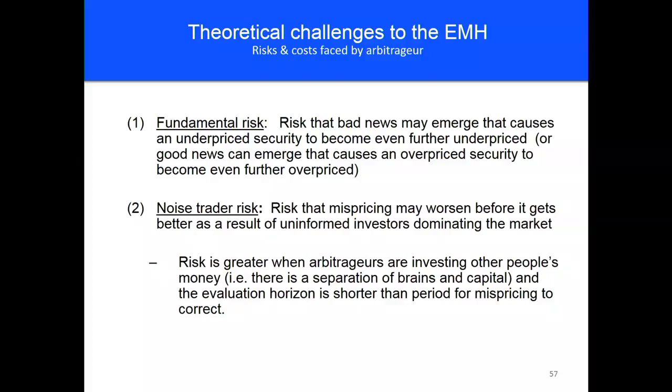The noise trader risk is the notion that the mispricing may worsen before it gets better as a result of uninformed investors dominating the market. To give an example, five years back, a friend of mine decided that the Perth market was way overpriced, and decided to sell and go into the rental property.